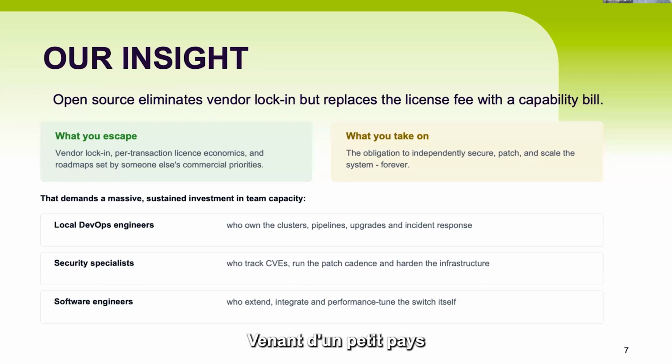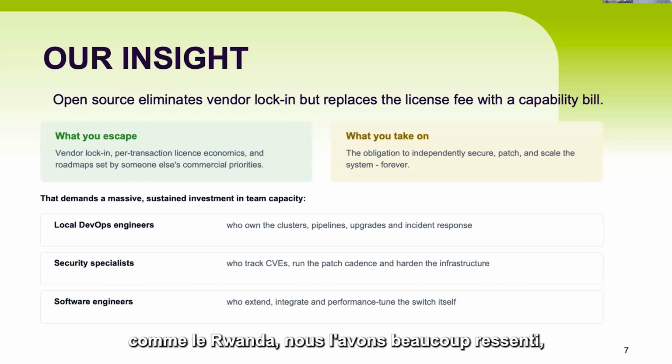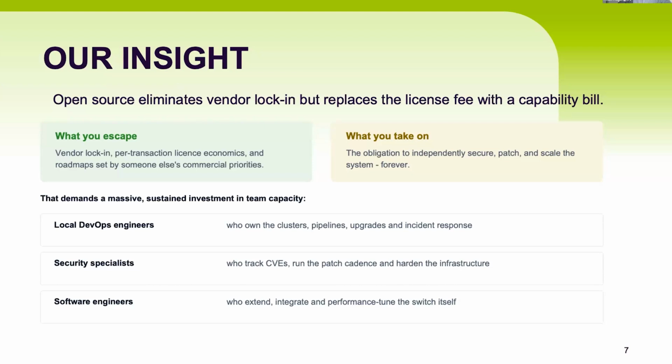Especially coming from a small country like Rwanda, we have felt this quite a bit, because some of the vendors for the payment switches that we've run in the past would not look at the market here as significant enough to warrant top priority when it came to implementing some of the change requests.